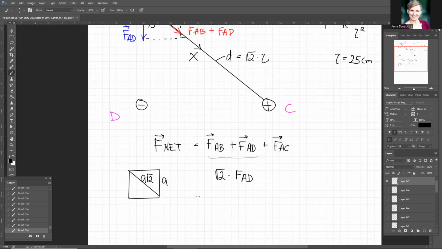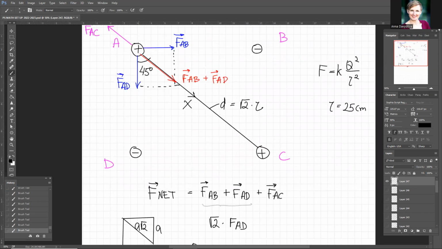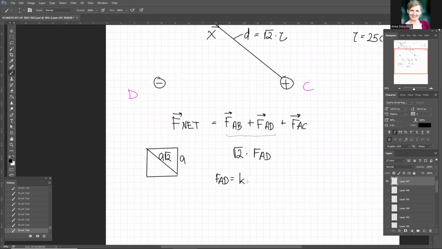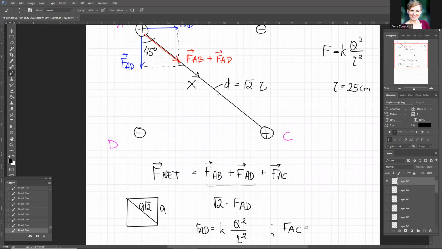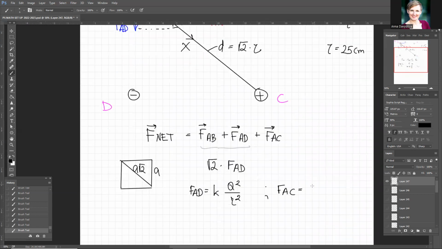Okay, now let's calculate FAD separately. According to Coulomb's law, FAD is K, charge A, charge D, over the distance between them, which is R. So K, two charges the same, distance R squared. FAC: charge A, charge C, K, two charges, and distance (√2 R) squared.